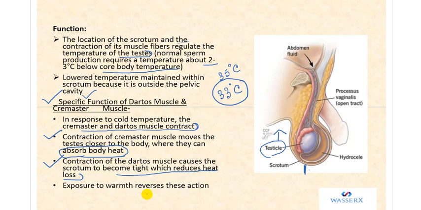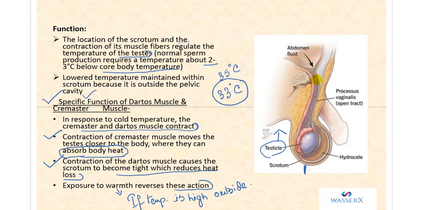Exposure to warmth reverses this action. Exposure to warmth means if the temperature is high outside, then the reverse will happen, right?